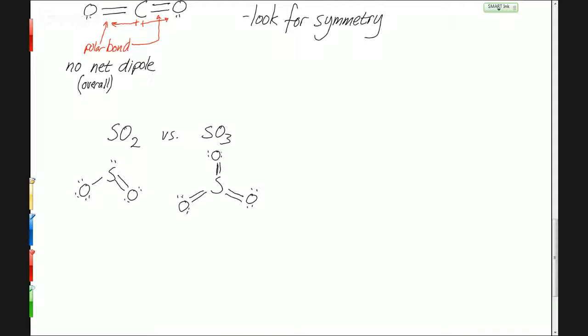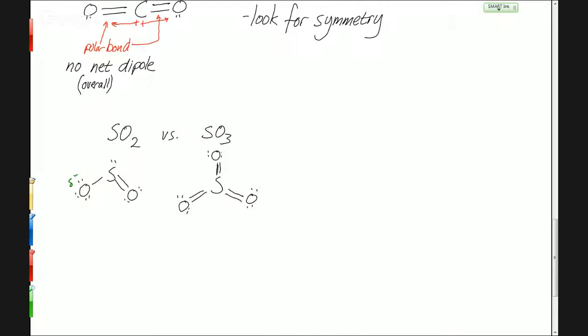And would you expect an S-O bond to be polar? Probably, right? Because one's right above the other. How would you draw the positive and negative, the deltas for an S-O bond? Yeah.